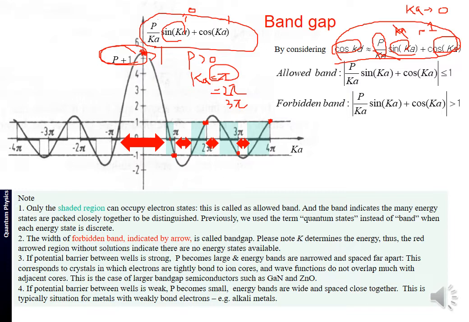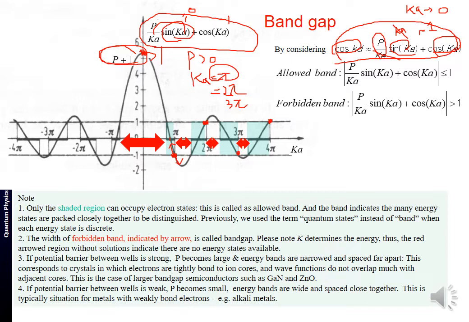Near pi, for example, the sine function passes through 0, and when it is between 0 and pi, the sine function is positive, so it should be larger than this one. Right after pi, the sine function goes negative, so it should be below here.